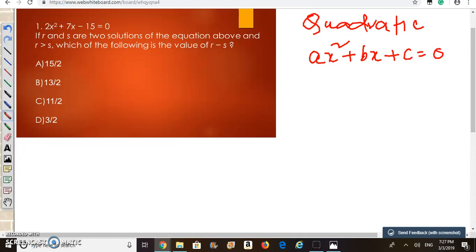Now the given equation here, 2x square plus 7x minus 15 equals 0, is also a quadratic equation. It's a second degree polynomial and it has 3 terms in it, so we can call it a trinomial. So it's basically a quadratic trinomial.